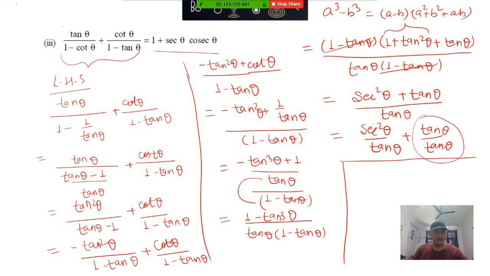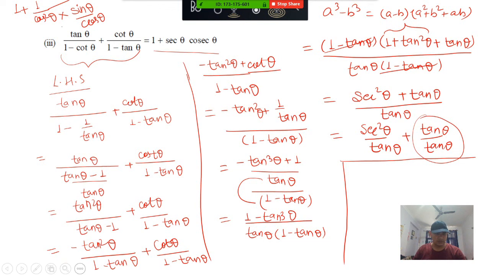The second term is sec square theta upon tan theta. So let's change this to cos and sine. This becomes 1 upon cos square theta into tan theta, and tan theta can be changed to sine theta upon cos theta.